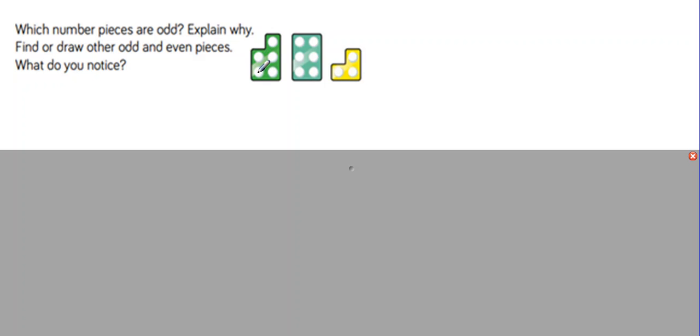So you've got 1, 2, 3, 4, 5 wholes, so that represents the number 5. You've got 1, 2, 3, 4, 5, 6 wholes, so that represents the number 6. And you've got 1, 2, 3 wholes, so that represents the number 3. Pause the video, see if you can identify which are odd and which are even, and explain why.